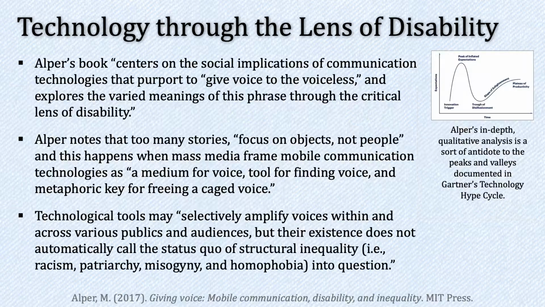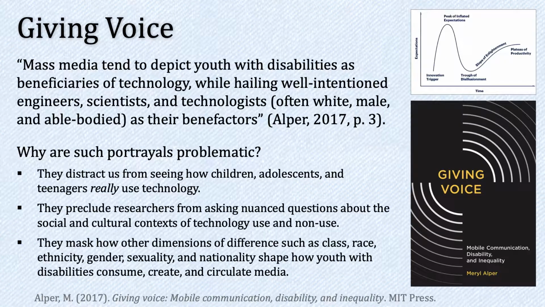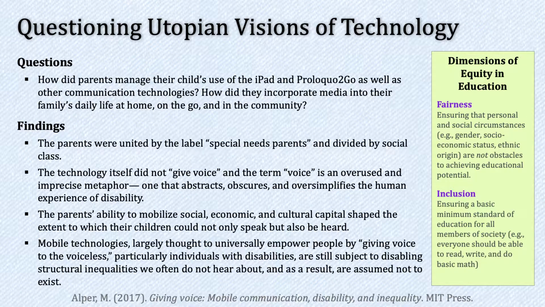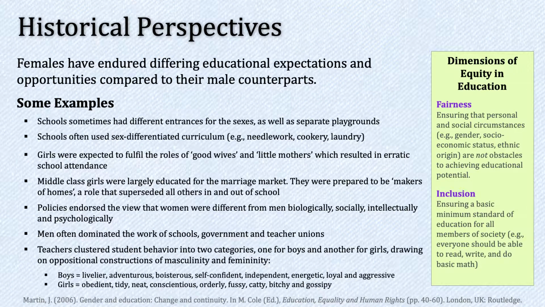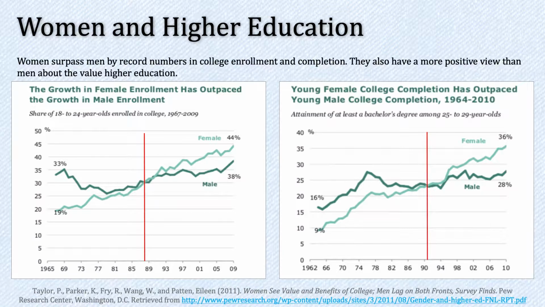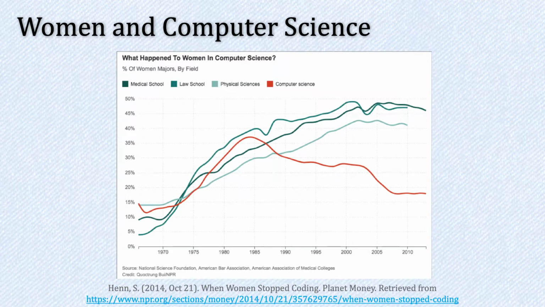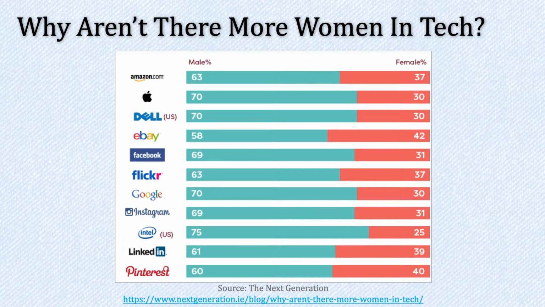Why or why not? In the last part of the semester, we learned about technology through the lens of disability and the notion of voice, asking critical questions pertaining to utopian visions of technology. We also examined gender in relation to technology in education, and we found clear evidence that females continue to dominate in higher education, yet despite their success in school, there have been troubling drops in female participation in computer science and in the rank and file of today's major technology companies.